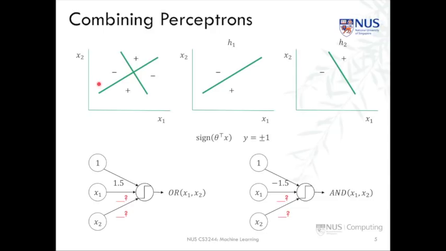So what do we need to do? We can think about using several different perceptrons together. What happens if I have this particular function h1 as implemented by a perceptron? And then in a second perceptron, I can implement this function over here, which is h2. If I had these two, I could compose them together, put both of these together to form a multiple perceptron system that could compute this function.